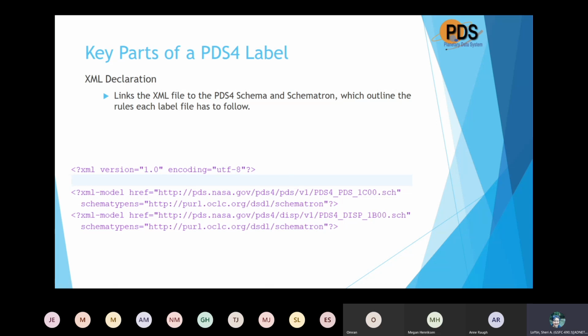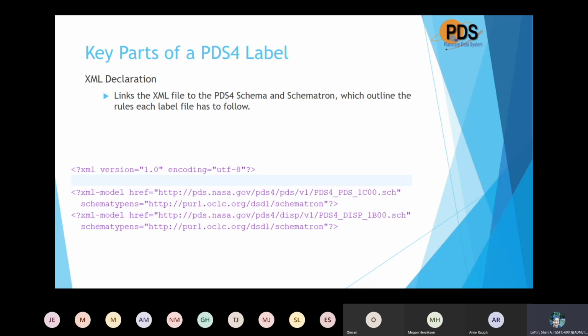One of the things you can do when you go on the PDS website is download example label files, and depending on the internet browser you use, for instance, if you use Chrome, it sometimes cuts off this beginning section. So keep in mind, if you want to see the full thing, you have to actually tell it to show you the full file.